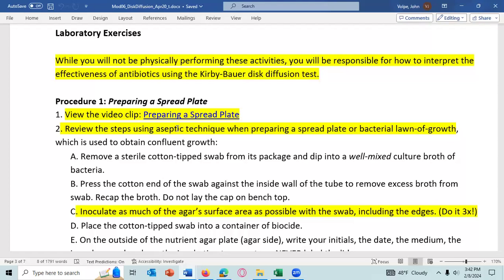Then you turn the plate a quarter of a turn, and you swab the plate everywhere again. And then you turn the plate a quarter of a turn once more, and you swab once more everywhere on the plate.